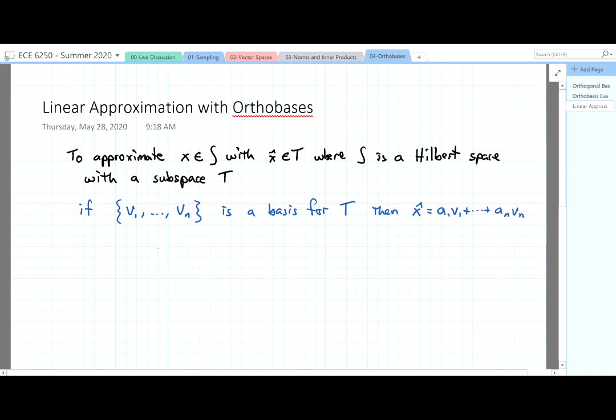And we found that the vector A is equal to G inverse B, as defined previously.